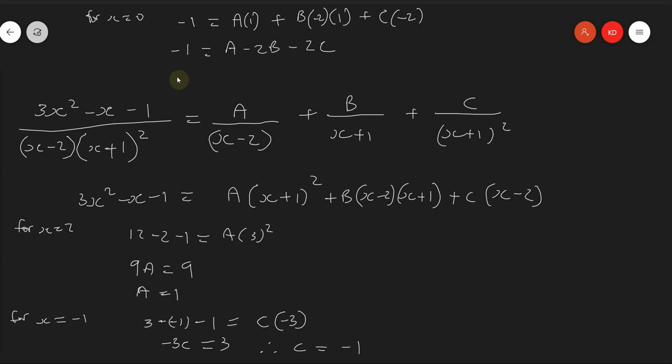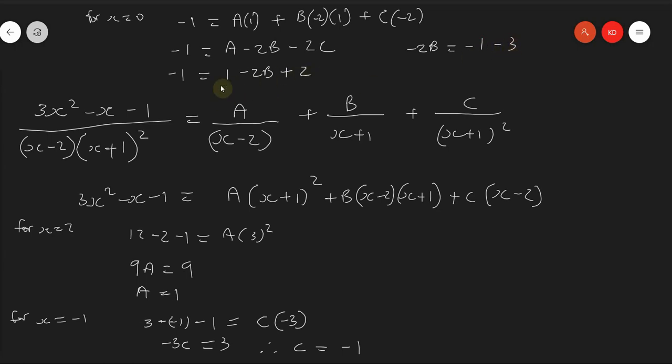So therefore negative 1 is equal to 1 minus 2b minus 2 times negative 1, that's just a positive 2. Great. So here, we have negative 2b equal negative 1 minus 3.